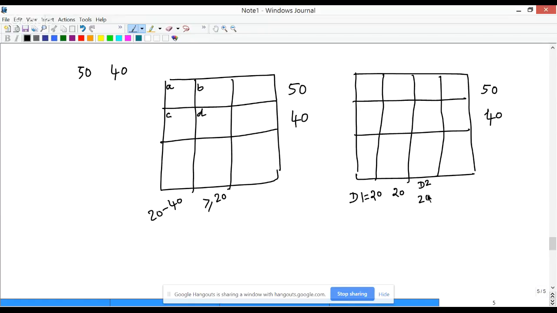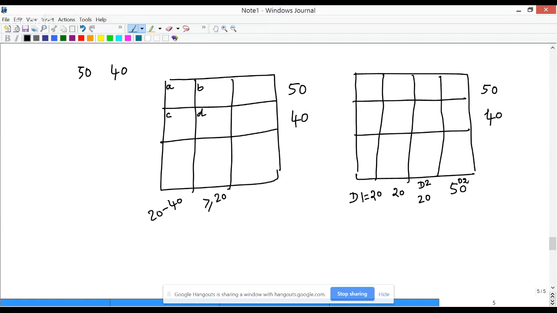Therefore my minimum commitment is 40, and at best I can give an extra 50. And D2 says I'm okay with whatever you give. Therefore this becomes 50 here.